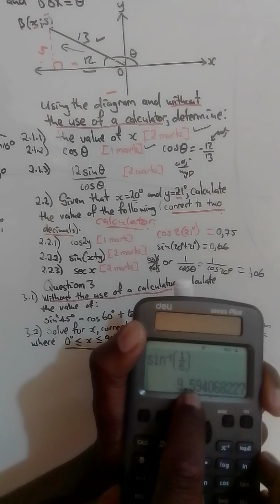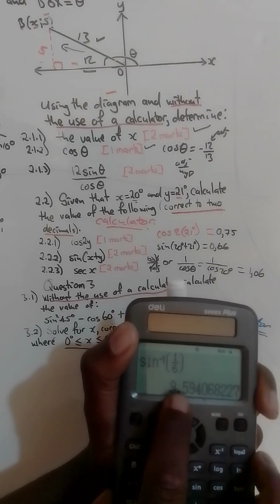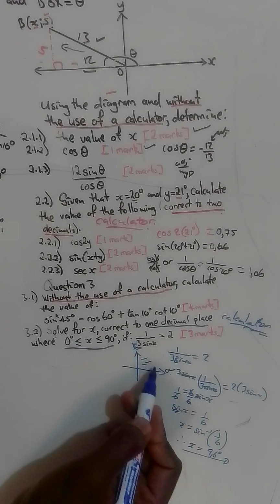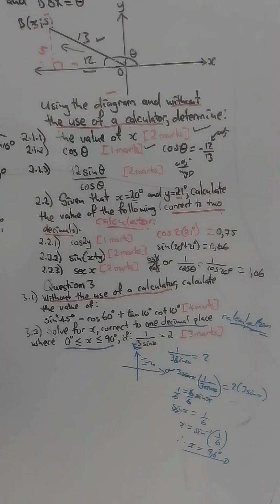So I look at the second decimal number, it's 9. So when I round it up, it becomes 9.6 degrees. So therefore, I conclude my x is equal to 9.6 degrees. And I write this with confidence because 9.6 degrees is found in the first quadrant. And just like that, I get my 3 marks.